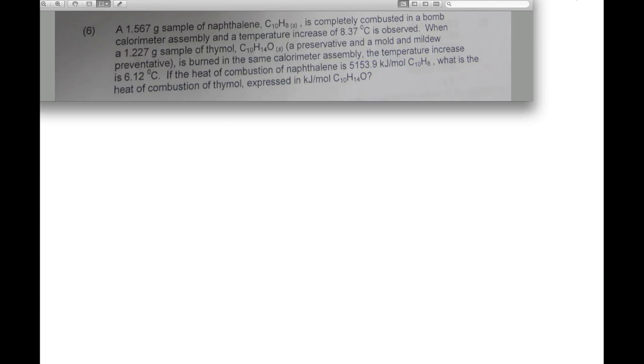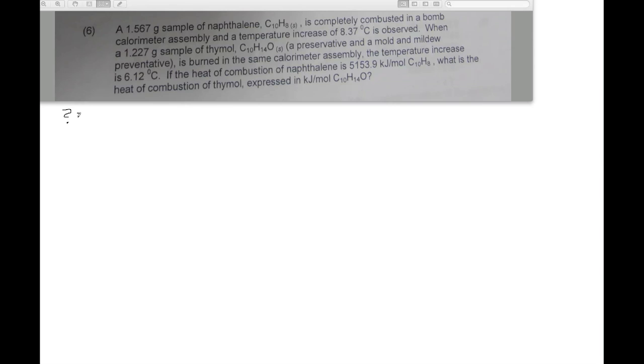Well, they're looking for the heat of combustion of thymol, so they're looking for Q. And they're looking for it expressed in kilojoules per mole. There was a temperature increase. And I guess we can't really make a prediction since they're asking for the heat of combustion. However, they are looking for Q expressed in kilojoules per mole.